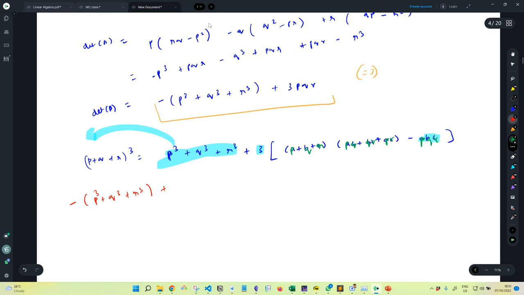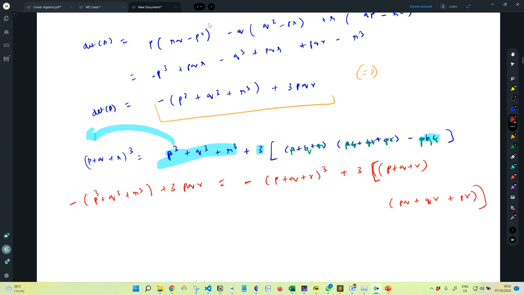So plus 3 times PQR will be equal to minus of P plus Q plus R the whole cube plus 3 times P plus Q plus R into PQ plus QR plus PR, right? I think this is okay so far.